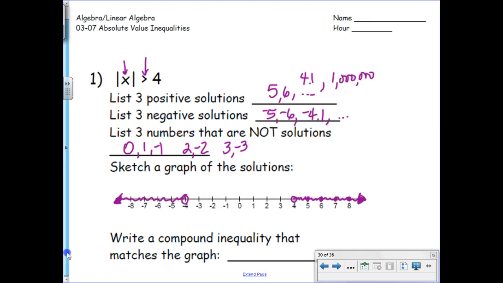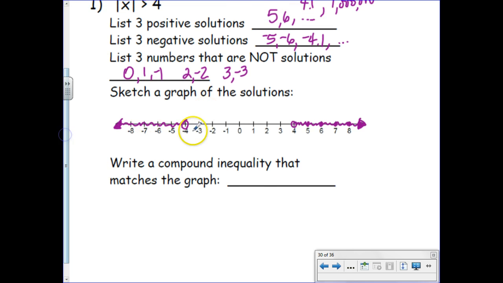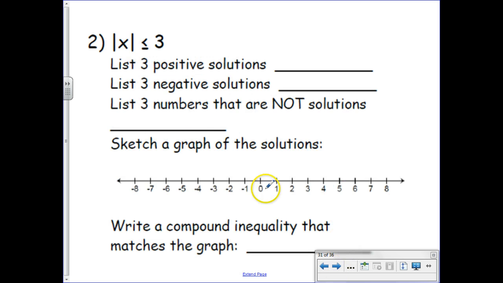Now, this looks very familiar to what we just finished at the end of Chapter 3 with compound inequalities. This graph looks like this. X is greater than 4, or x is less than negative 4. Very interesting. All right, let's look at the next example.